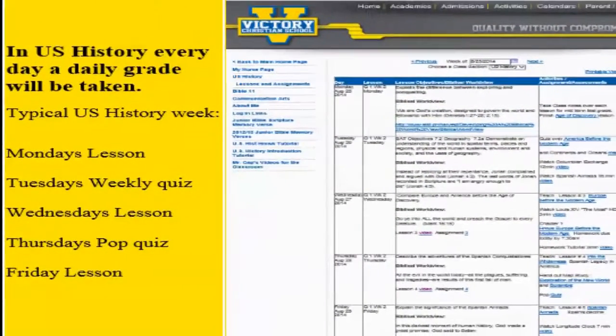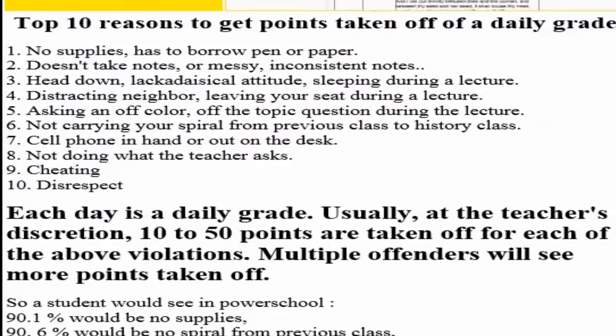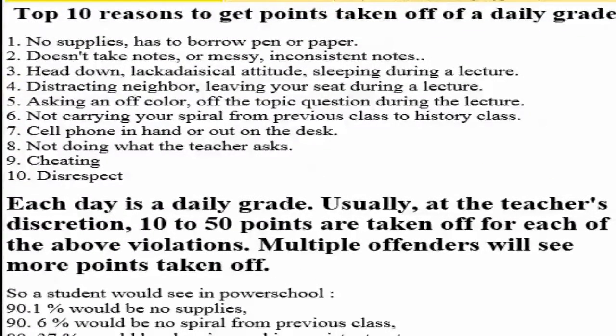And that's a typical U.S. history week. And there are lots of reasons why students can get points taken off that daily grade. Not bringing supplies, you have to borrow your pen or paper. You don't take notes, messy notes, inconsistent notes. All of these things are among the top 10 reasons a student has a chance to get points taken off their daily grade.